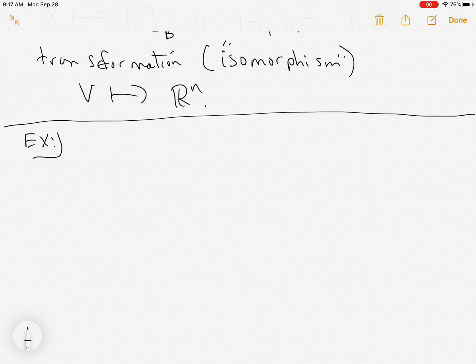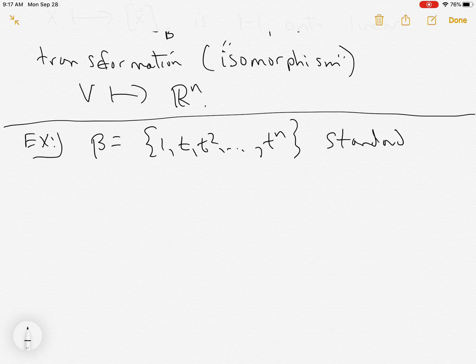So, example. The standard basis for Pn is going to be 1, t, t squared, down to t^n. This is the standard basis for Pn.